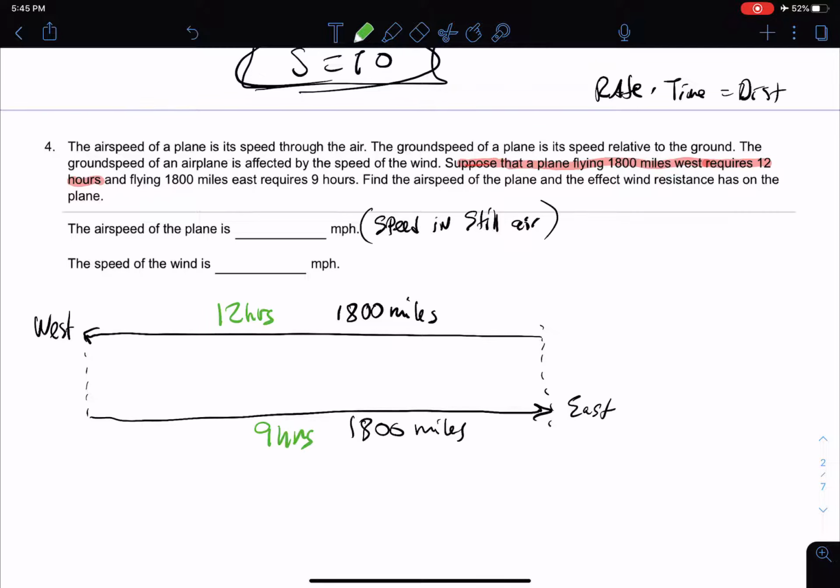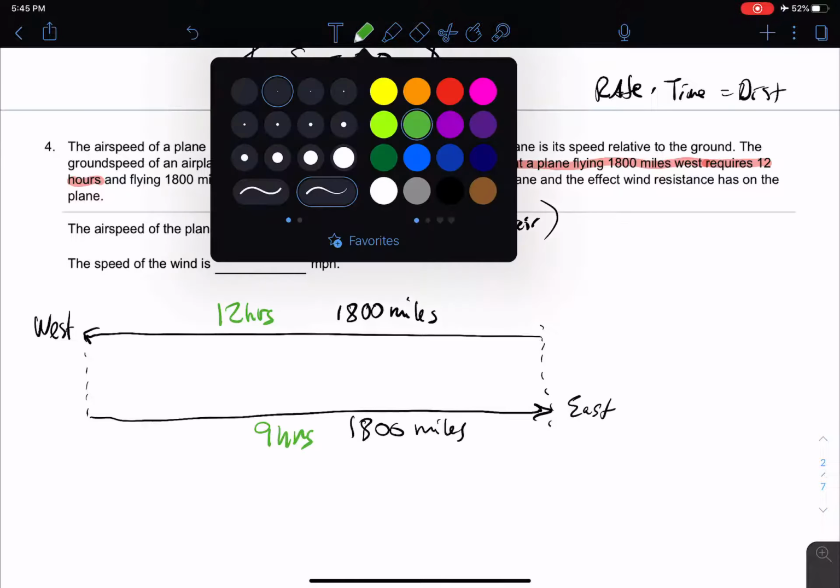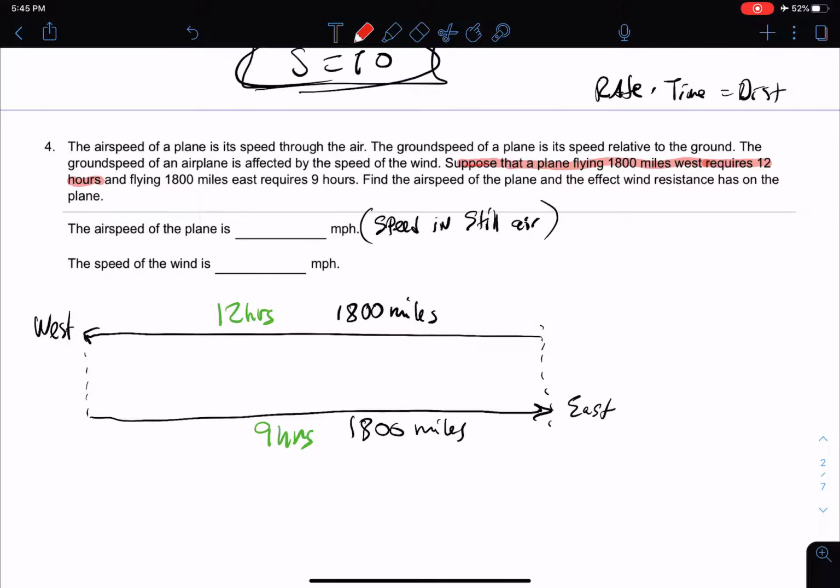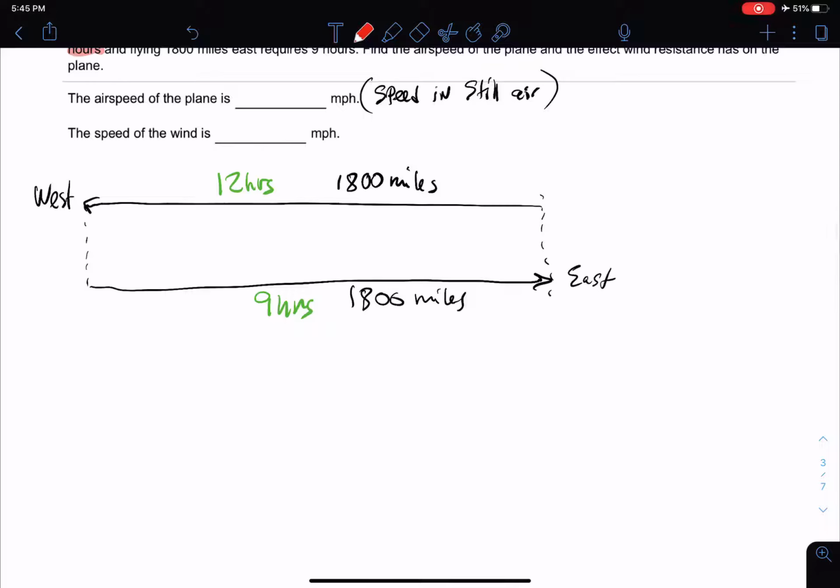Well, the time is changing because, I'm trying to do rate in red, by the way, we have something that's changing everything. There's wind that's blowing in that direction towards the east. We're going to call this W as our speed for wind. Now you can see what's going on, right? The plane has the same exact rate going both ways.